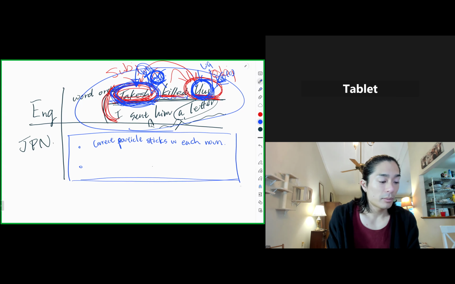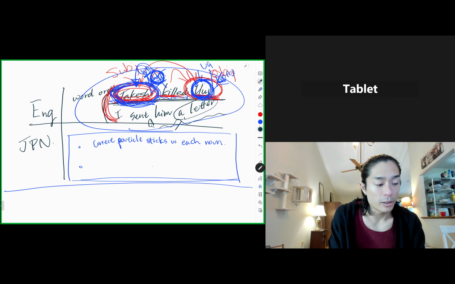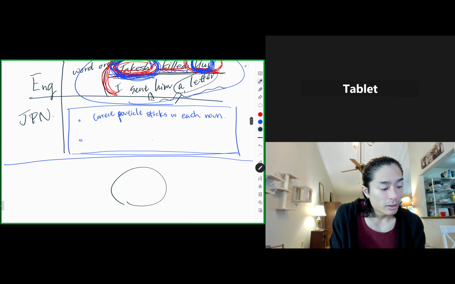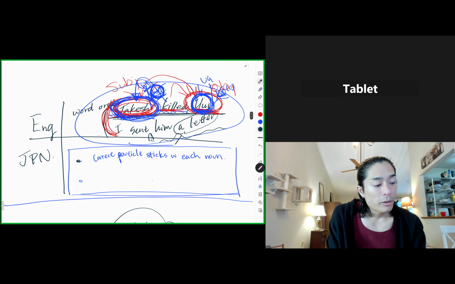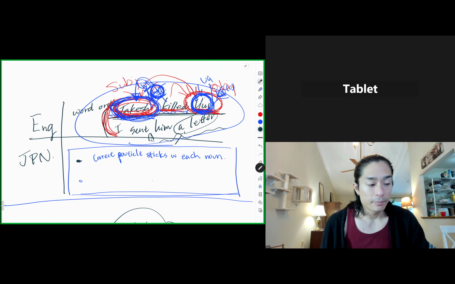Just a basic but really important fact about particles: particles only attach to nouns. Okay, nouns. So with this, the first rule is to put the correct particle for each noun.